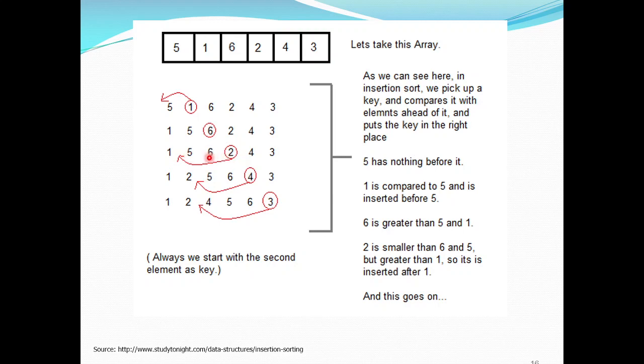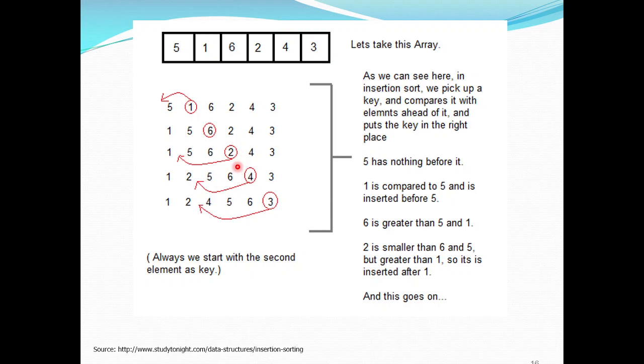So we move 6 and 5 to the back, and move 2 before the number 5, and we become 1, 2, 5, 6. So 6 moves to the fourth location, 5 moves to the third location, and the number 2 is copied to the second element.